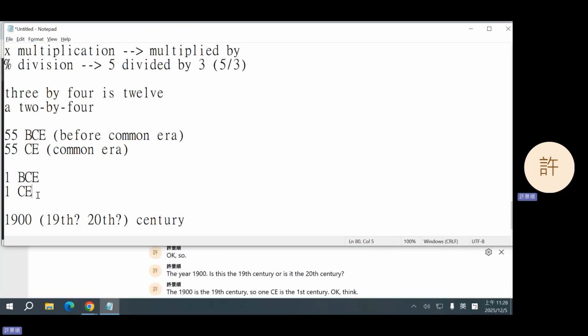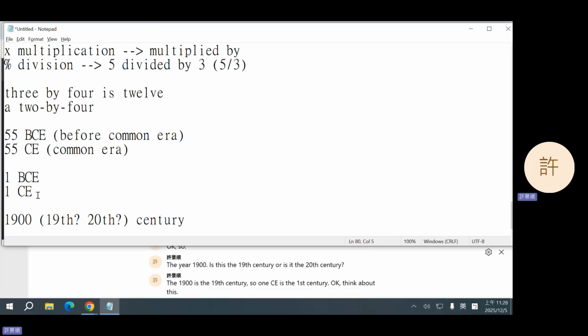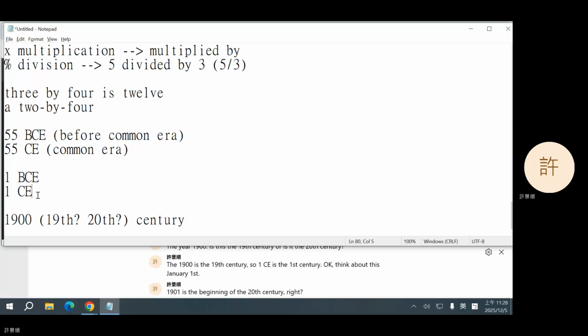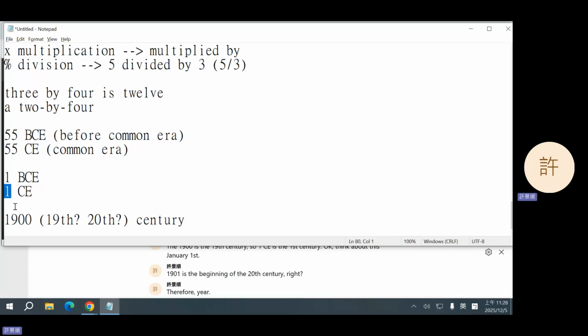Okay, think about this. January 1st, 1901 is the beginning of the 20th century, right? Therefore, January 1st, year 1 is the beginning of the first century.